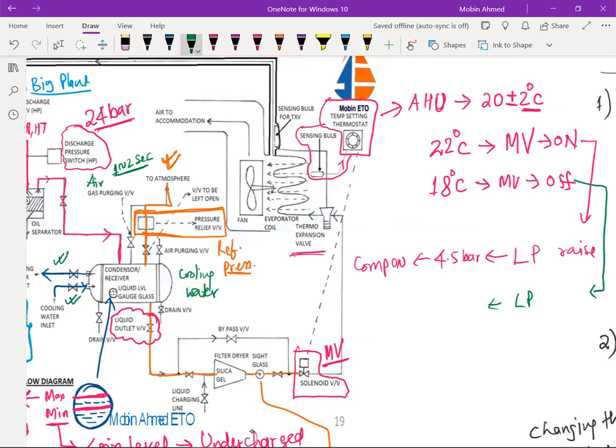That means LP pressure will fall. If low pressure falls to 2.5 bar, the compressor is going to be off. This is how this temperature setting is controlling the compressor on and off. This is how the compressor is being controlled by the LP or suction pressure. Is it okay to everyone? Understood up to here?